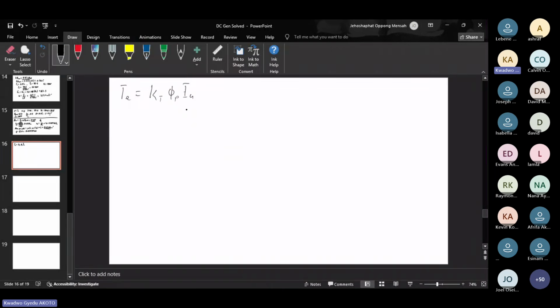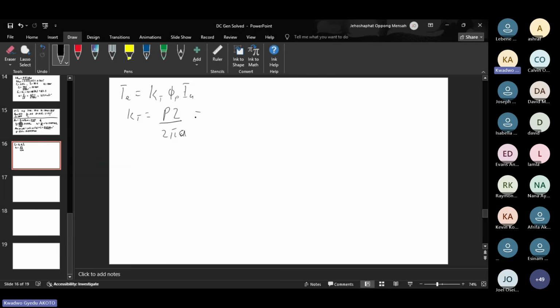So bear with me for now. I'll explain why the constant is obtained the way I obtain it after I finish solving this question. Our constant K_T is equal to PZ on 2 pi A. Okay, we know A is equal to P, so it's going to cancel out.